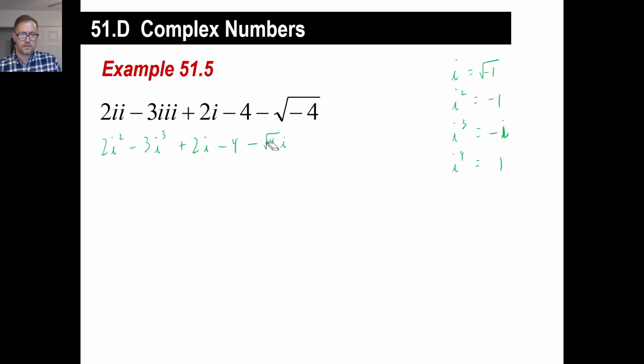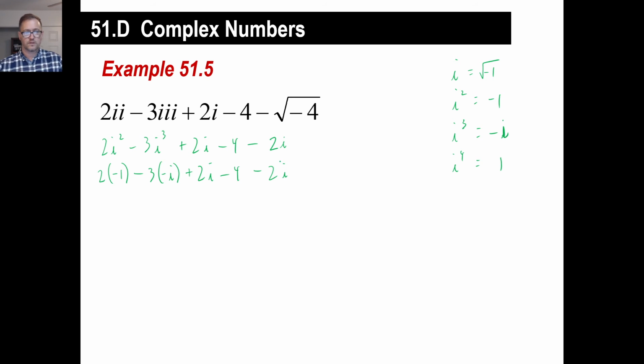I'll just write 2 there. Minus 2i. Now our job basically is to get the like terms together. We're not going to know everything yet. Let's just piddle with this first. Well, i squared, we look over it, and that's negative 1, right? Then i to the third power is negative i. And then we can just go plus 2i minus 4 minus 2i.